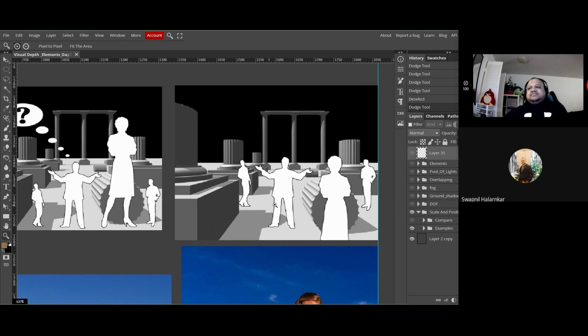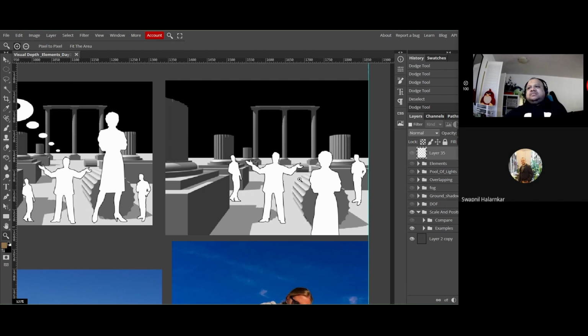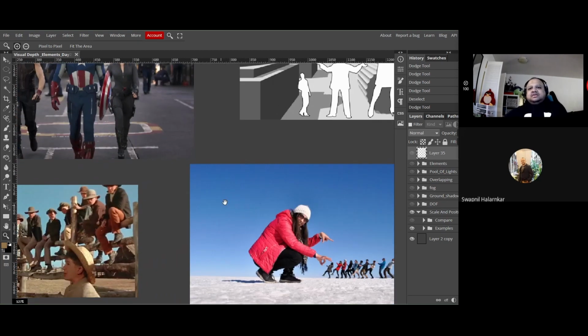The scale is the same, just the position is moved now. And you feel that okay, she's in front and everyone else is going behind. So that scaling and position should be placed in such a way that you feel the depth, and it can help in the depth.